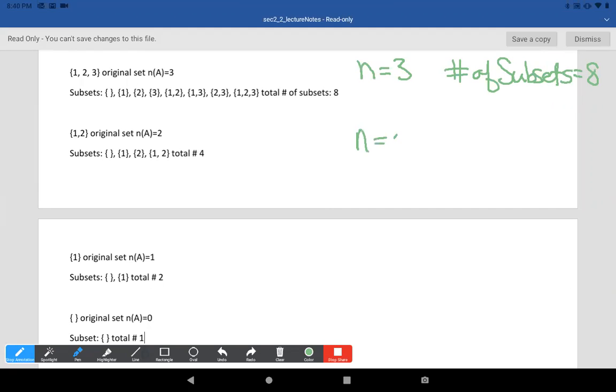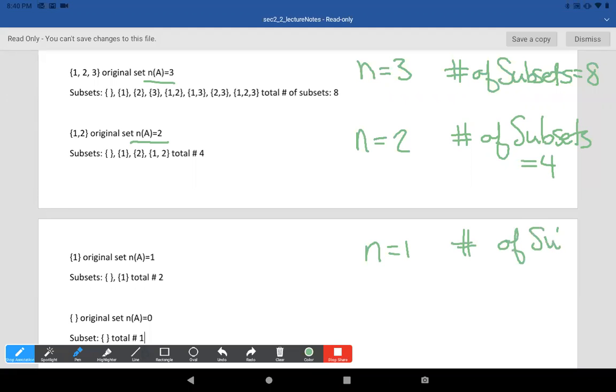When n equaled 2, so n being the cardinal number, the number of subsets is 4, half as many. When n equaled 1, the number of subsets was 2.